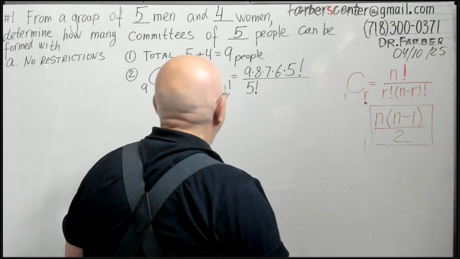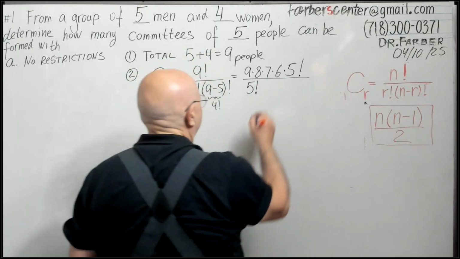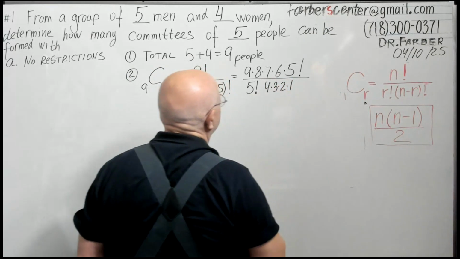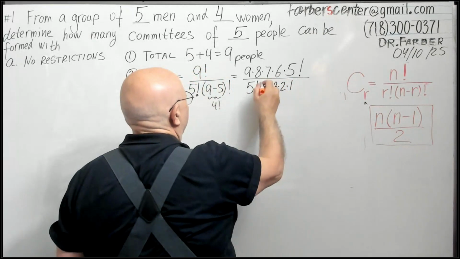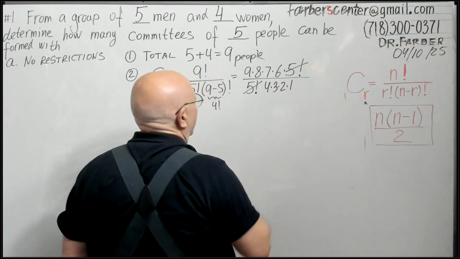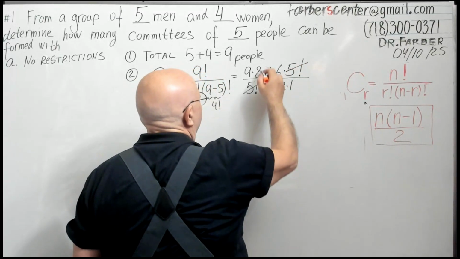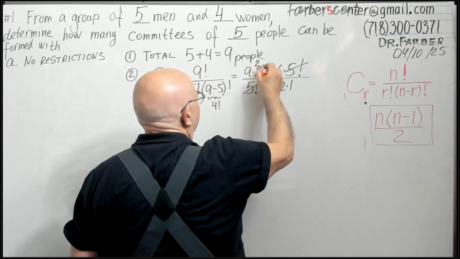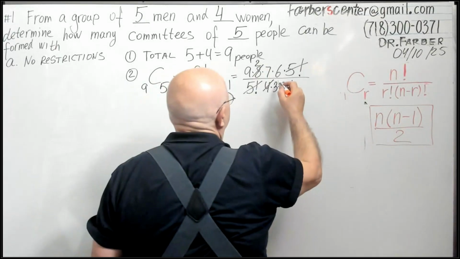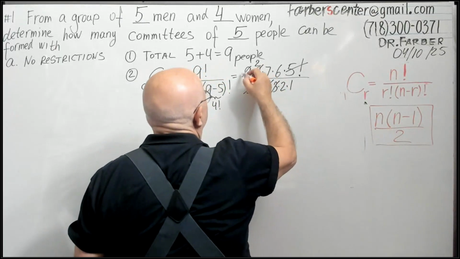Okay, write it in expanded form in order to simplify: 4 times 3 times 2 times 1. 5 factorial and 5 factorial you cancel out. 4 goes into 8 2 times. 3 goes into 9 3 times.